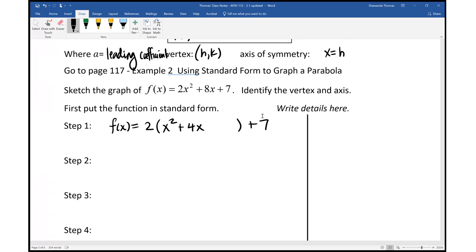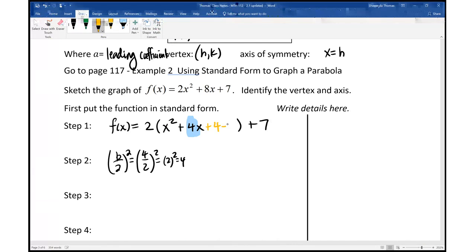And then we're going to do that (b over 2) squared business. Let's look at this number right here. So that's (4 over 2) squared, which is 2 squared, which is 4. Let's go ahead and add and subtract that number. Then we want to recognize that this is a perfect square trinomial right here.